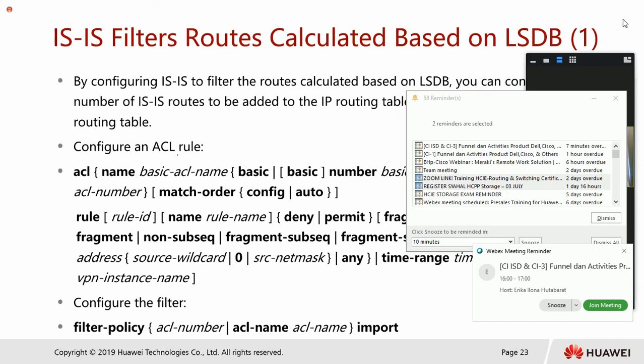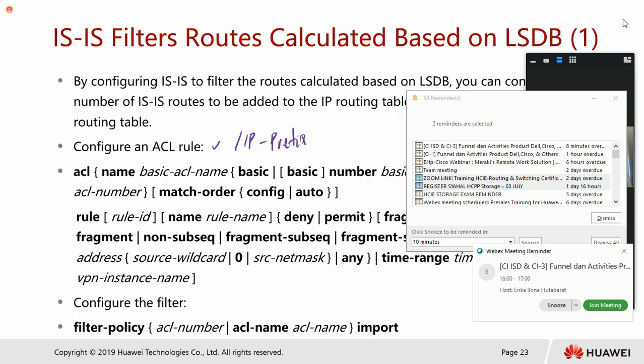By configuring ISIS to filter routes calculated based on the LSDB, you can control the number of ISIS routes added to the routing table and reduce the size of the IP routing table. When you do this, how do you control it? First, configure an ACL or IP prefix.